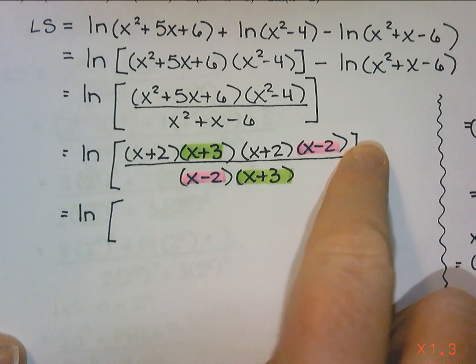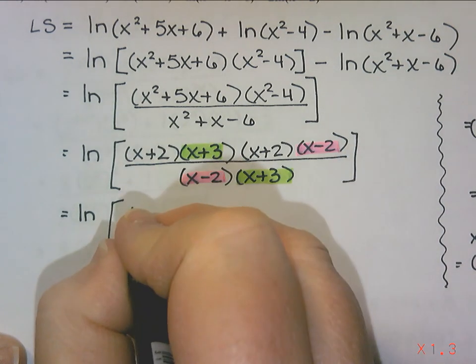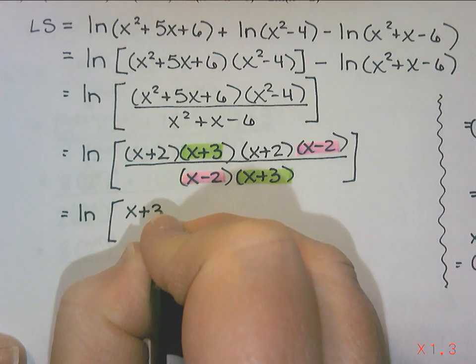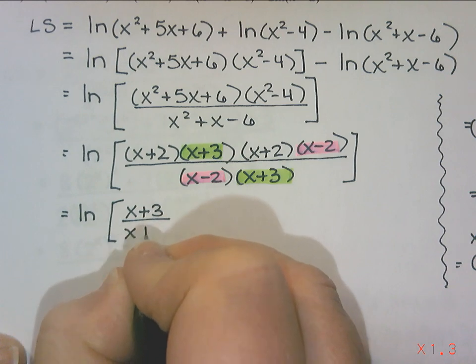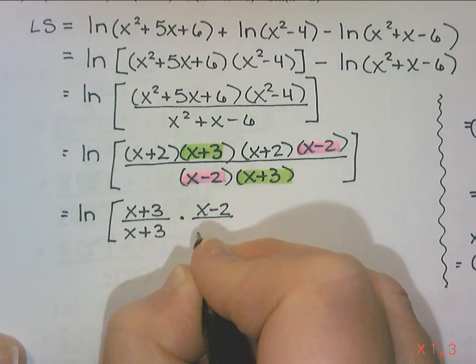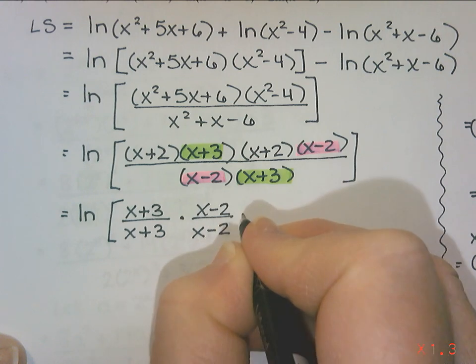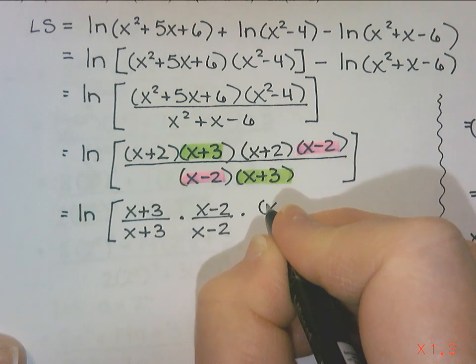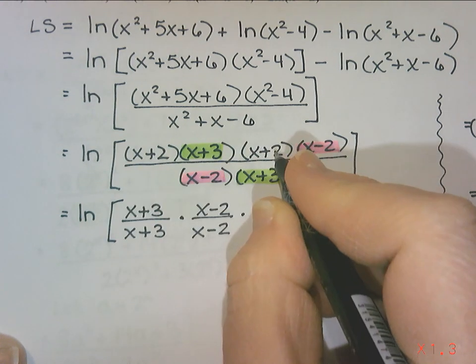Looking at this, I notice that I have an x plus 3 on the top and the bottom. I've got an x minus 2 on the top and the bottom. And then I've got an x plus 2 times x plus 2.